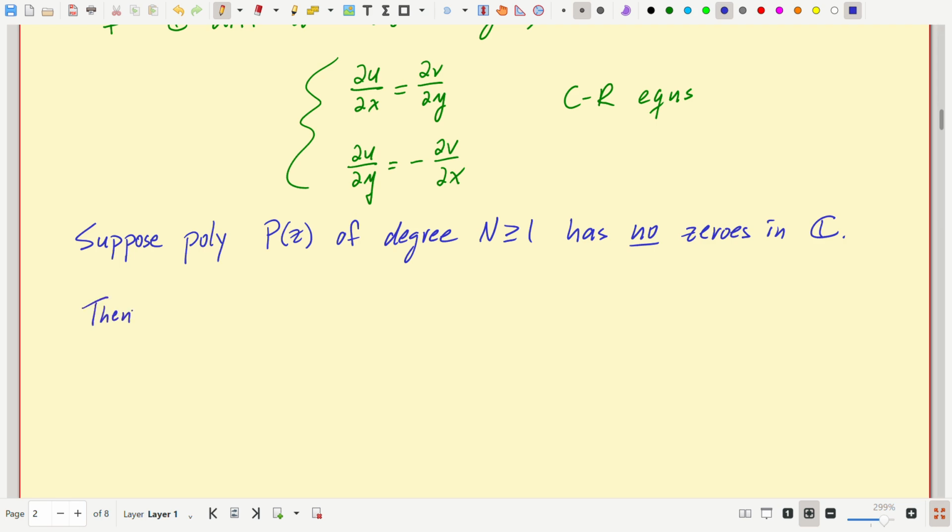And in fact, it would be complex differentiable over and over again. Then 1 over p of z would be C differentiable on the whole complex plane any number of times. I could do it again and again. I could take the derivative of the derivative.